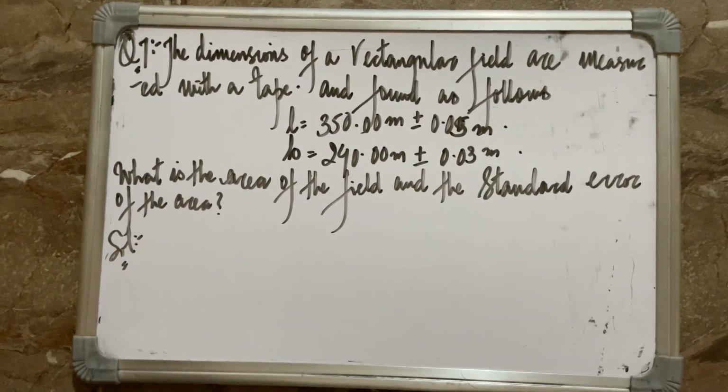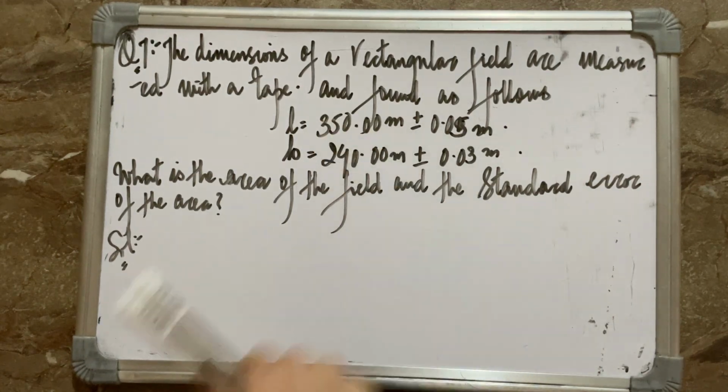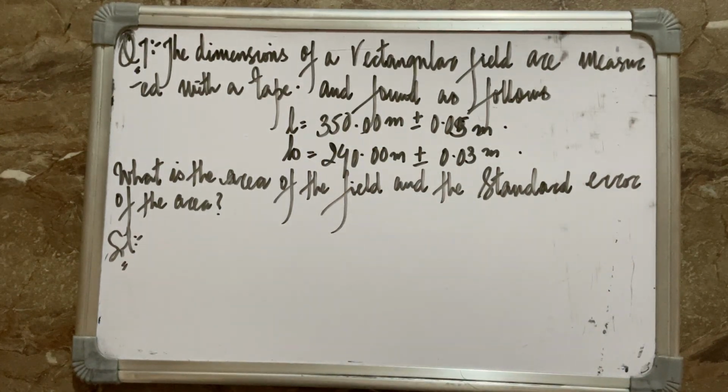The dimensions of a rectangular field are measured with a tape and found as these. What is the area of the field and the standard error of the area of this field? So let's solve this question.